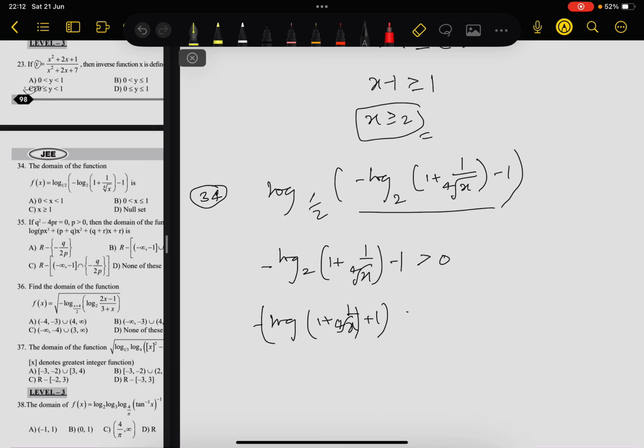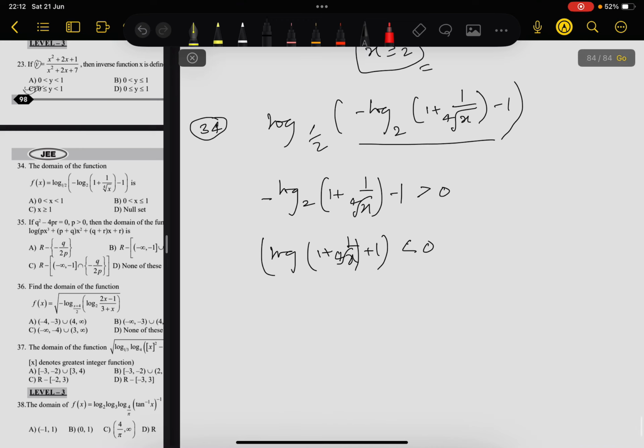Now removing the sign, this will become less than 0 because previously it was greater than 0. Cancelling out means we are multiplying by minus 1 on both sides, so the inequality will get changed. So this base is 2, so we can write this 1 plus 1 upon x raised to 4. Because base is 2, inequality will remain same, so plus 1.